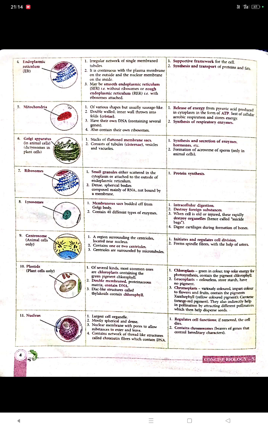It has a double membrane, contains DNA and chlorophyll. And the functions: chloroplast is green in color. Leucoplast, colorless. Chromoplast, variously colored, imparts color to flowers and fruits, and contains the pigments.